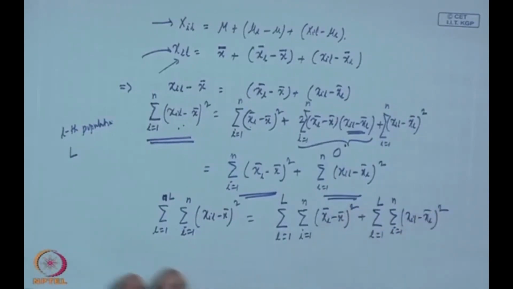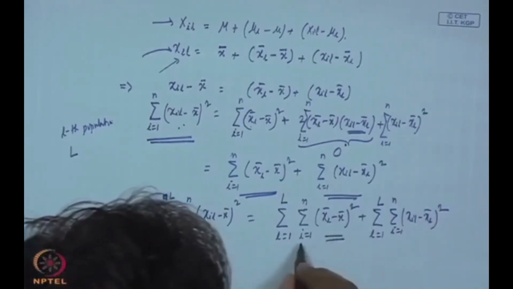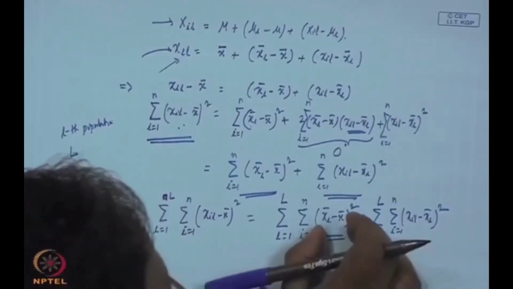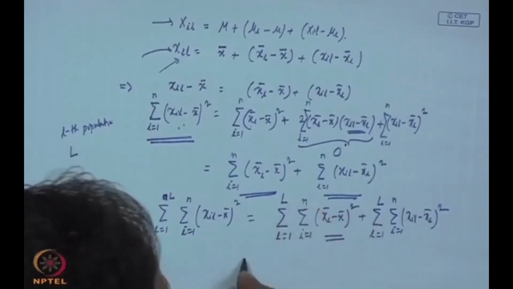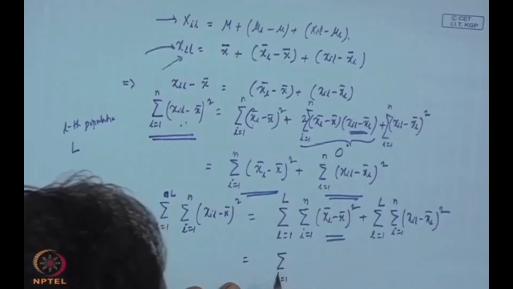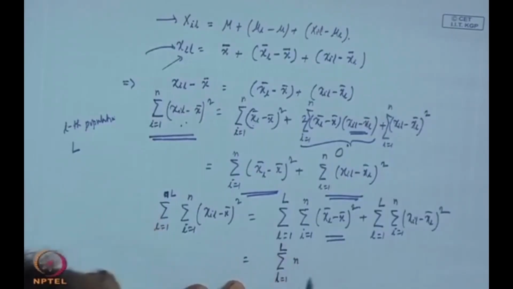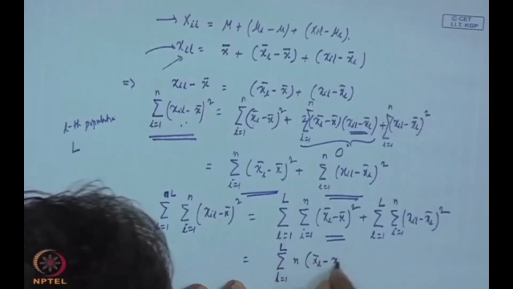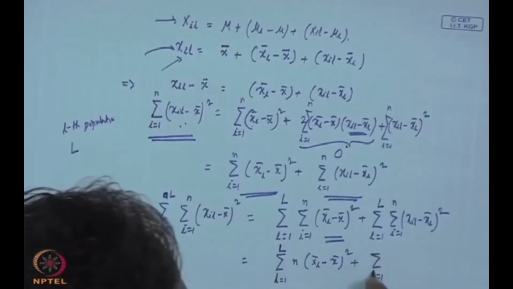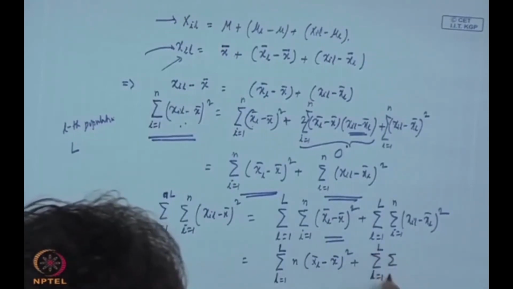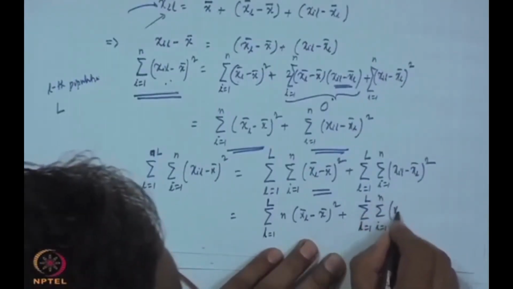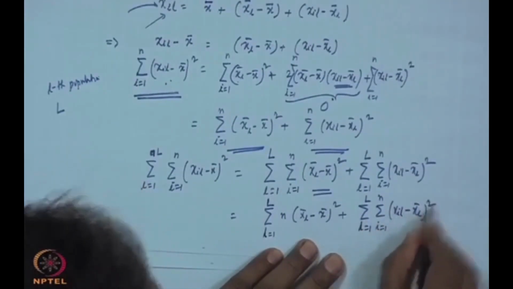This is also squared. Now, in XL bar minus X bar, there is no I component, so the same component appears n times. So you can write it as the sum over L equal to 1 to capital L, n times XL bar minus X bar square, plus the sum over L equal to 1 to capital L, I equal to 1 to n of XIL minus XL bar square.